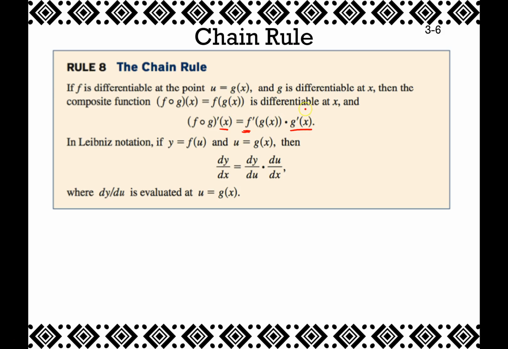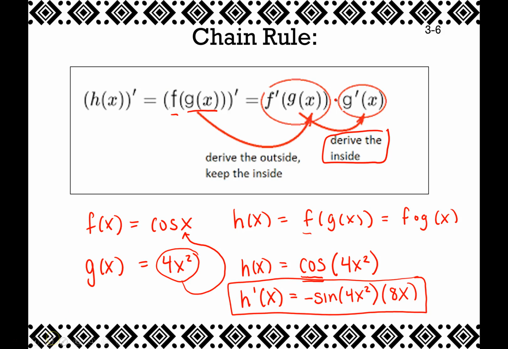If you like this way of writing it, you are absolutely welcome to write that down. Personally, I like this. I think the idea of saying the derivative of the outside, keep the inside, times the derivative of the inside, I like that a lot. So maybe get that down too.